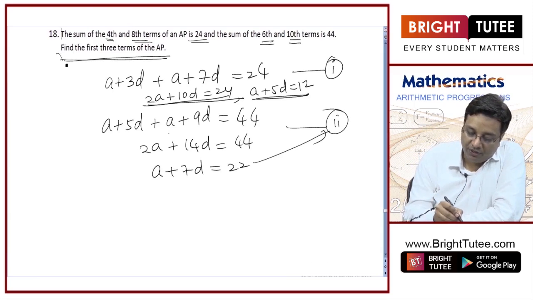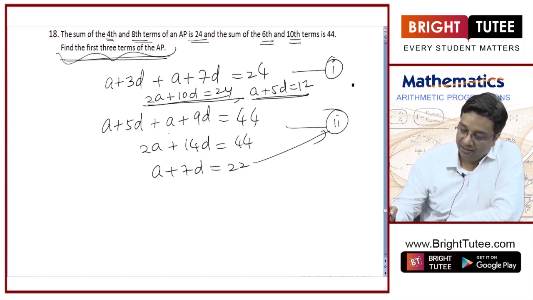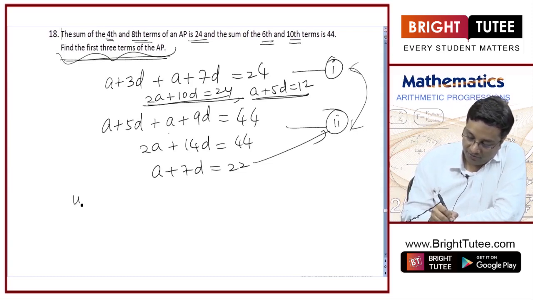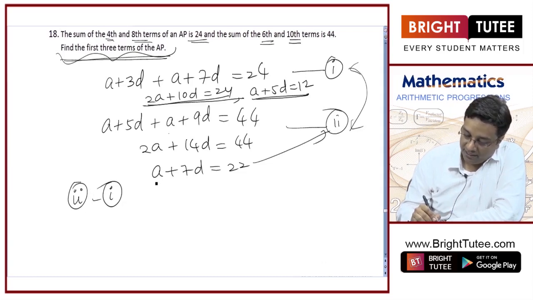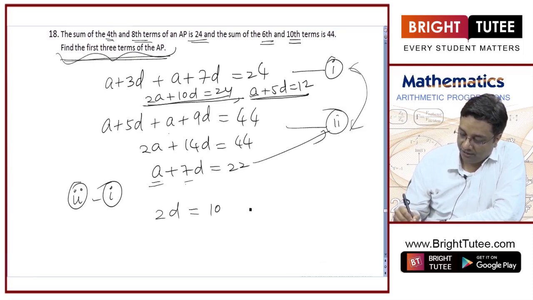Right? So to find first 3 terms, I just need A and D, and I can easily obtain A and D by solving these 2 equations. So let's subtract second minus first. A will get cancelled. 7D minus 5D will give me 2D. 2D will be equal to 22 minus 12, which is equal to 10.